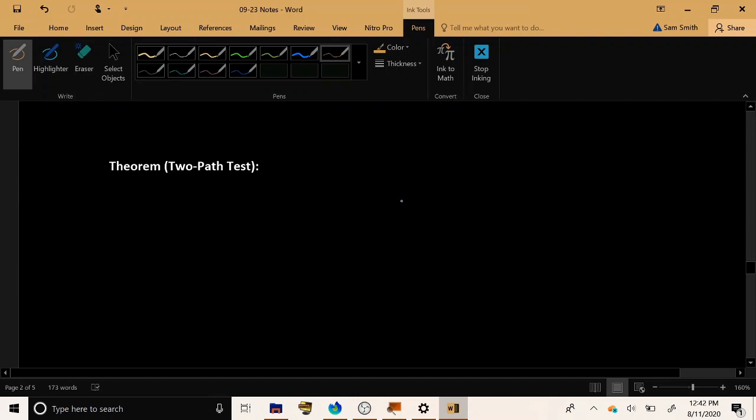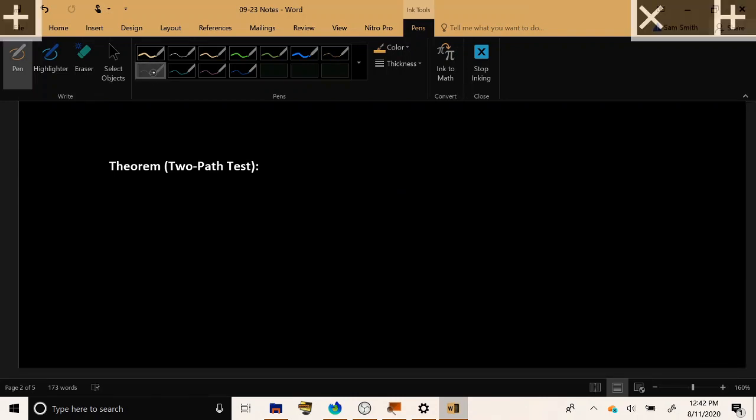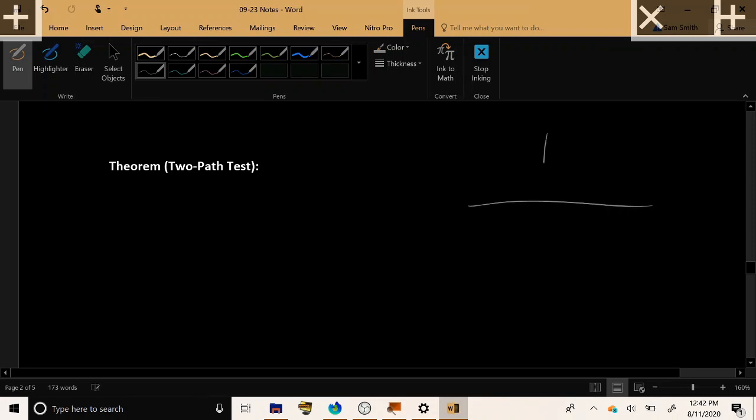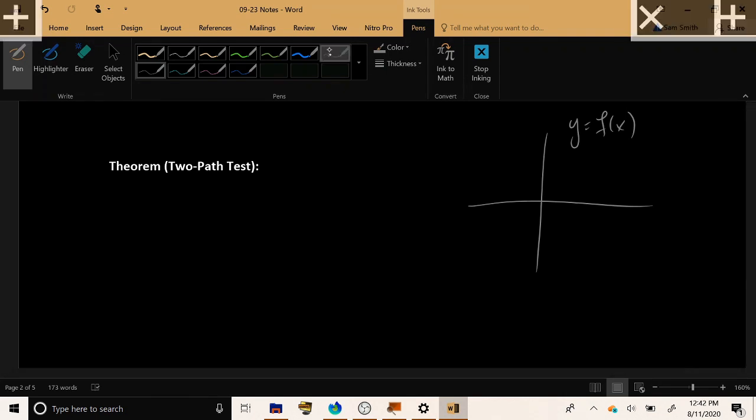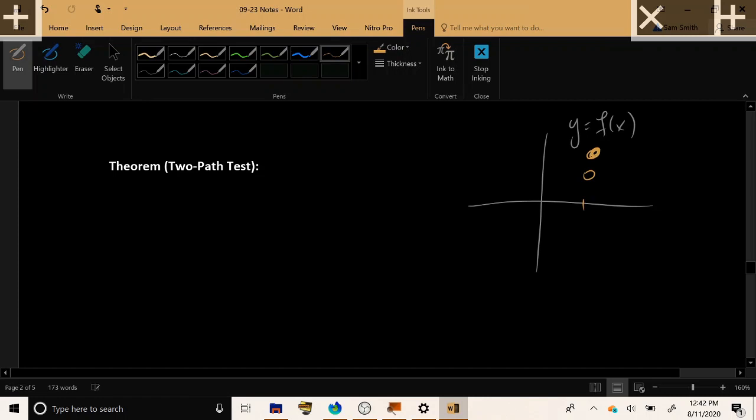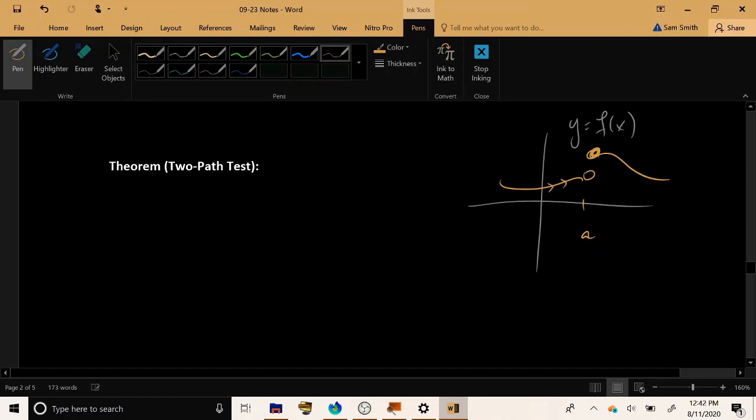Now, in single variable calculus land, we had a relatively simple criterion to decide whether the limit at a point existed or not. And that was to consider what happened if we approached the value from all possible directions. To approach it from the left, to approach it from the right.